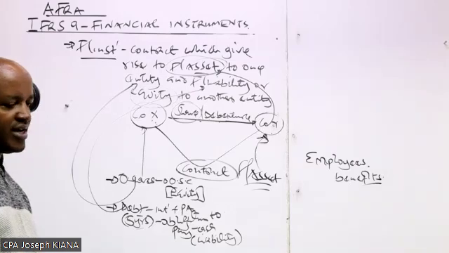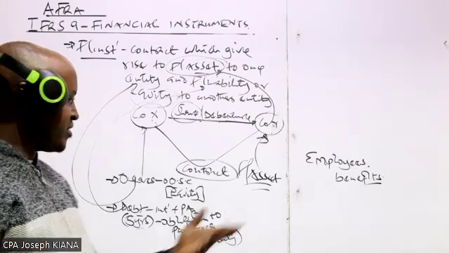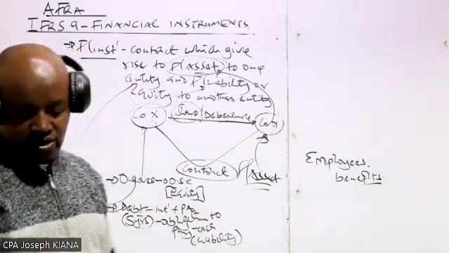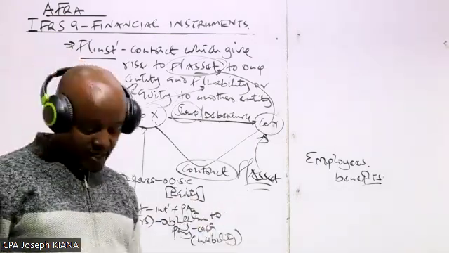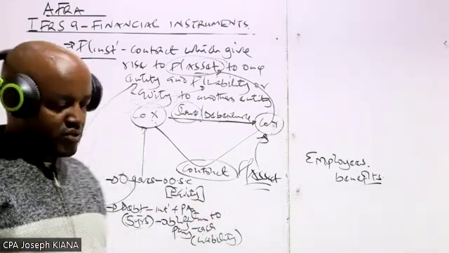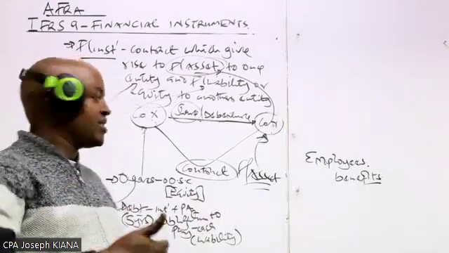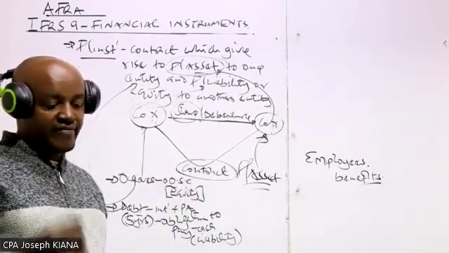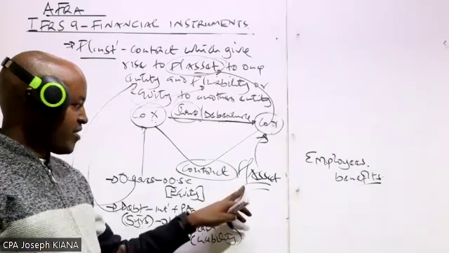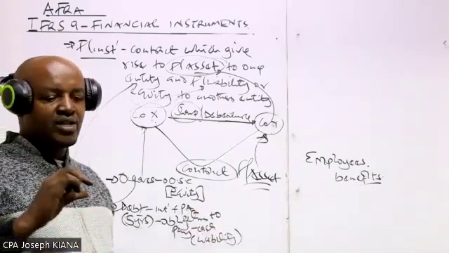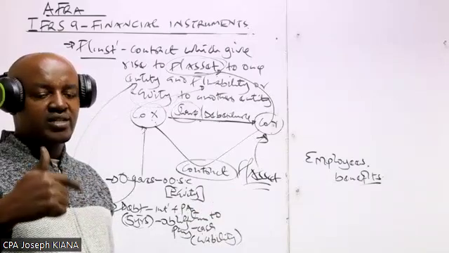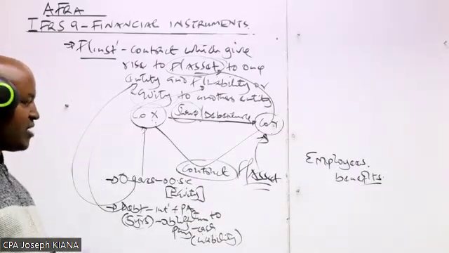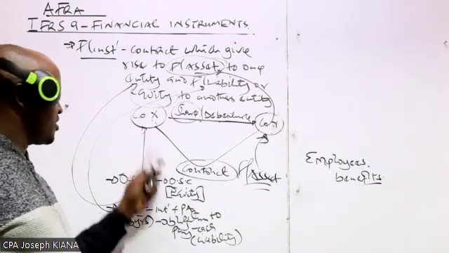And then there are also some few terms you must be in a position to define. For example, the term financial asset. In very simple terms, it is investment in shares, investment in debentures, but by definition, a financial asset is basically a contractual right to receive cash, which may be in the form of dividends or interest.